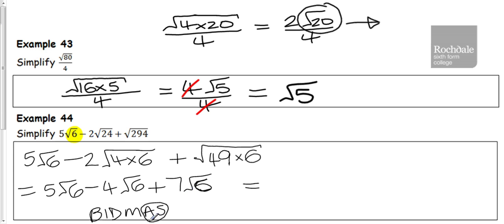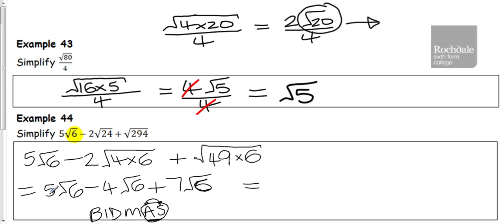Now, a common misconception is that we have to do adding before we do subtracting. That is not true. Adding and subtracting are of equal importance. So in a question like this, where we have a subtract and then an add, we just need to carry out the operations working from left to right.